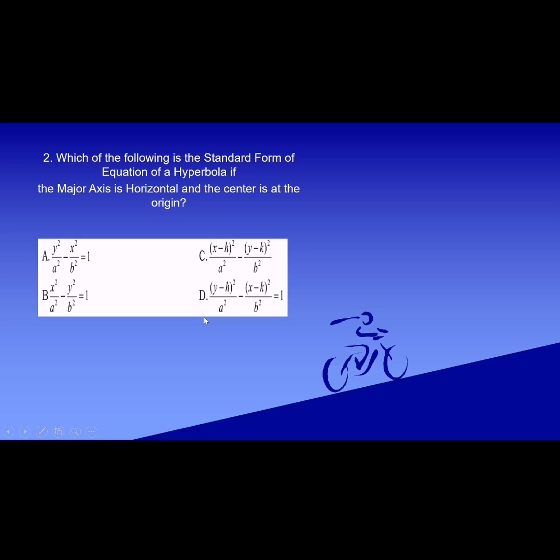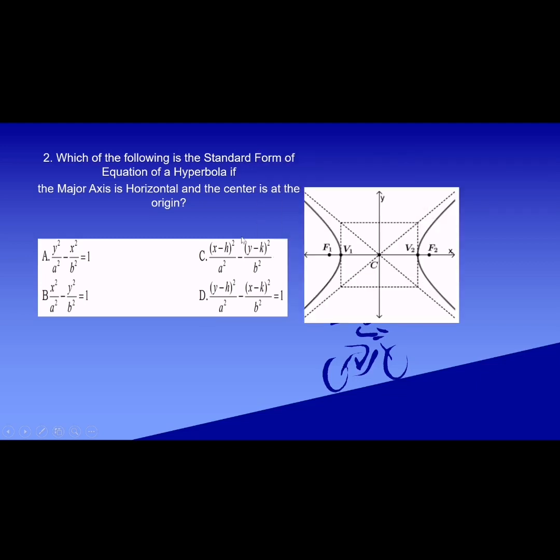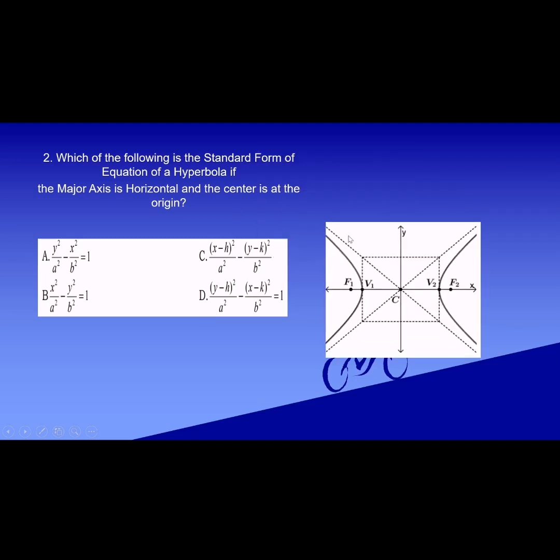Kung titingnan natin yung graph ng hyperbola, so meron tayong listed points, yung mga features of the graph of the hyperbola, but we are asking for a major axis in horizontal and the center at the origin. So we have the segment joining the two vertices.